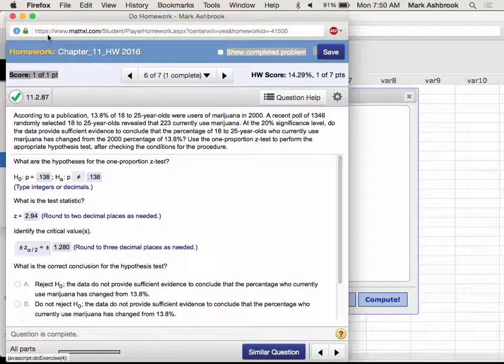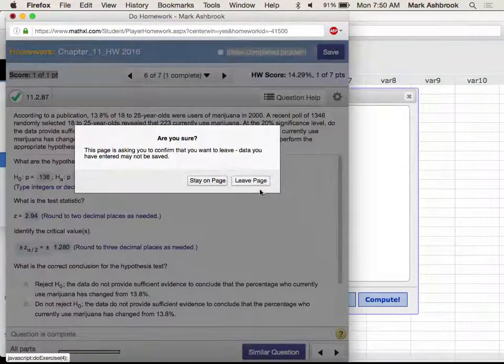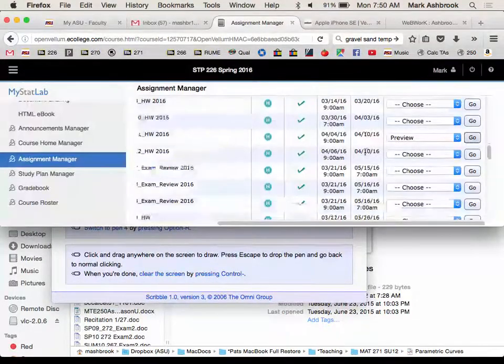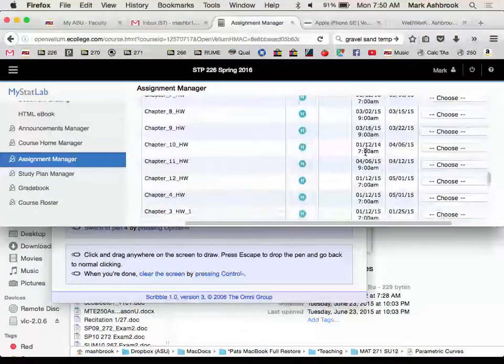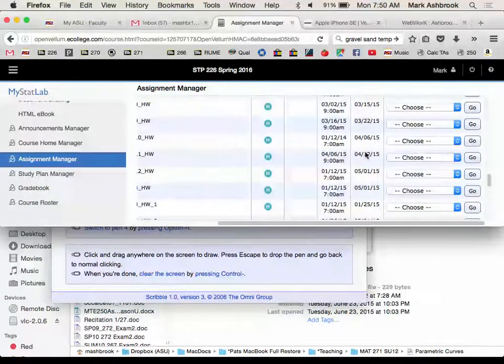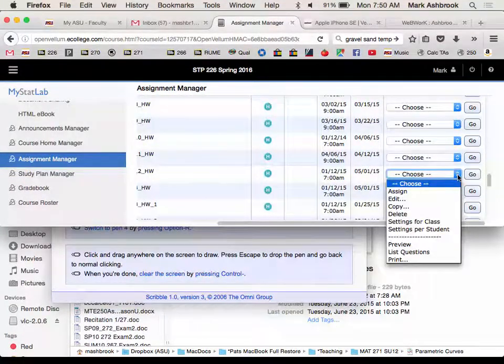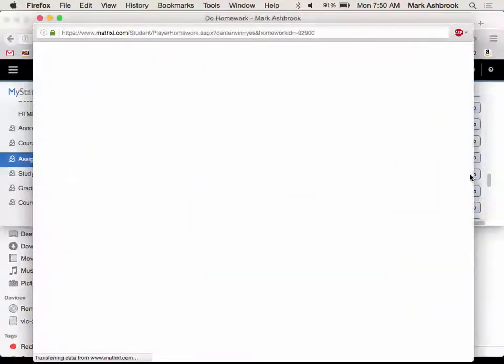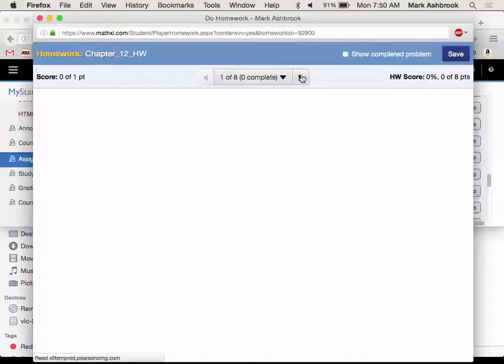Okay, so then on the other assignment, I think we wanted to do number 3. And this is our chi-squared goodness of fit.